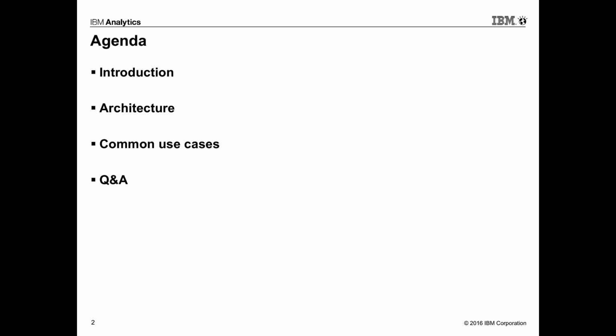And I'll talk about some of the common use cases associated with Big Replicate, and how enterprises use it today and maybe in the future. I'll show you how flexible Big Replicate is, that there are potentially so many different use cases that you can use it for. And then again, we will have some time at the end for question and answers.